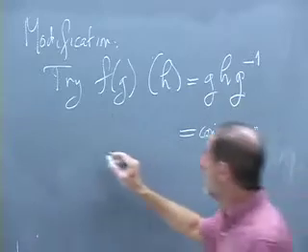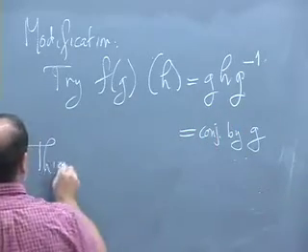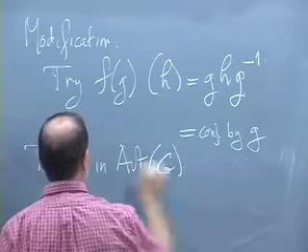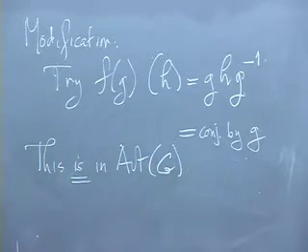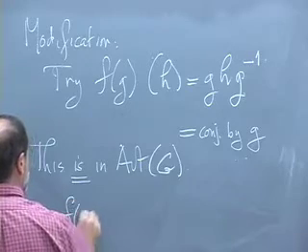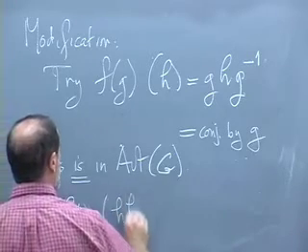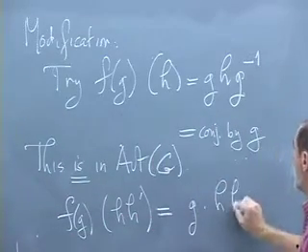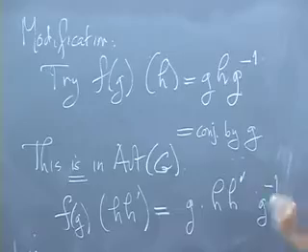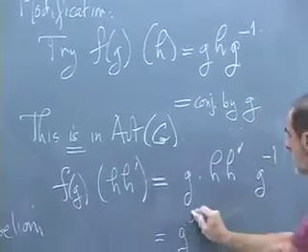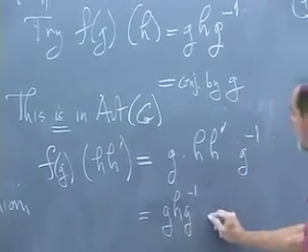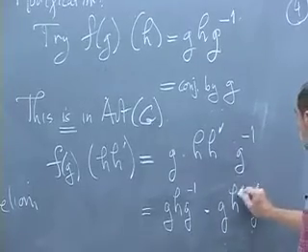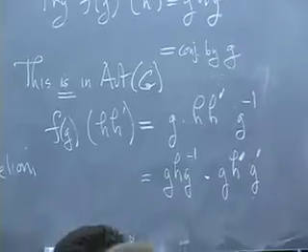So let's check. First of all, this is in Aut G. That was the problem with the first one. It's an actual automorphism of G, because if I apply it to hh prime, I get g times hh prime g inverse, which I can rewrite as g h g inverse times g h prime g inverse, because the g inverse and g cancel.